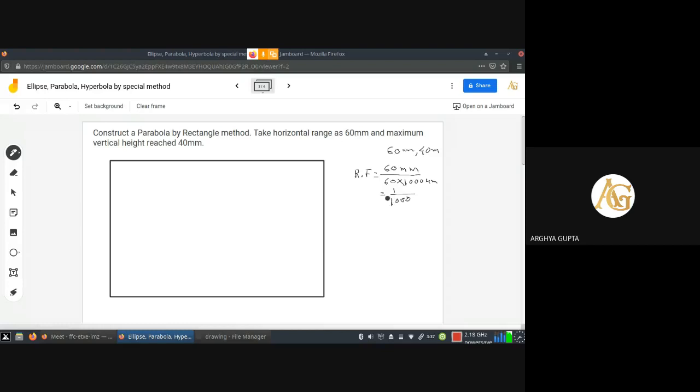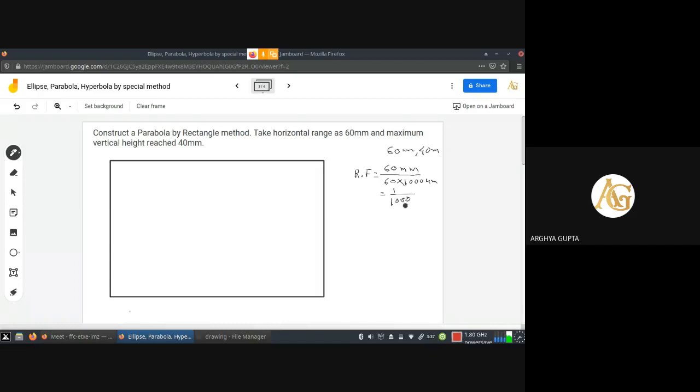So you have to construct the diagram with the length 60 mm, not 60 meter, because a 60 meter line cannot be drawn. So we have converted the 60 meter length into 60 mm length. Once that has been converted, you have to write RF is equal to 1 by 1000 at the bottom of the scale.